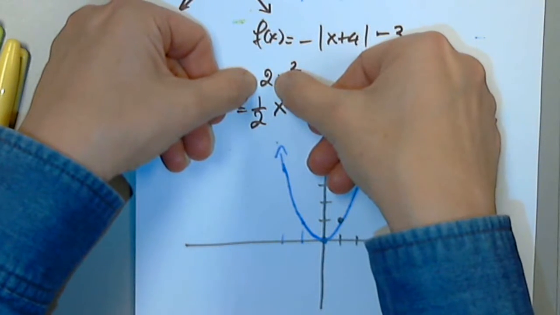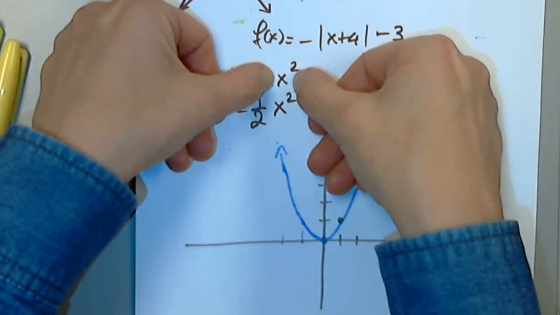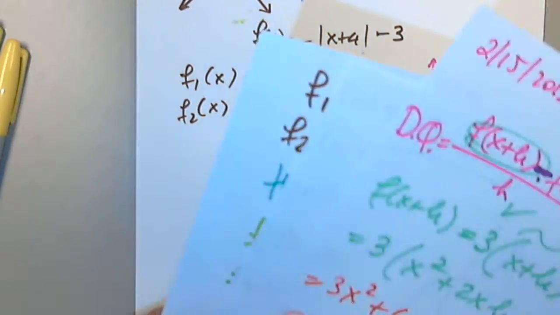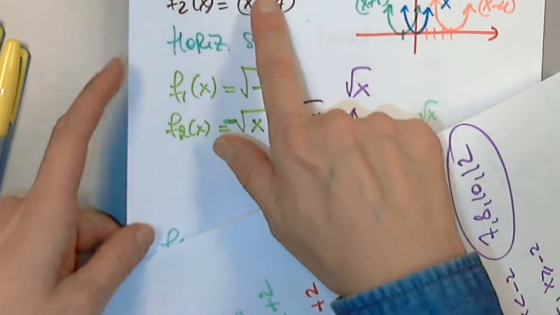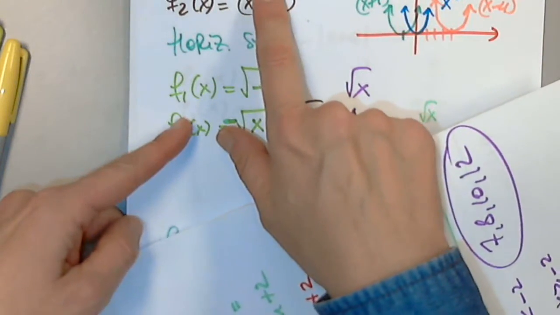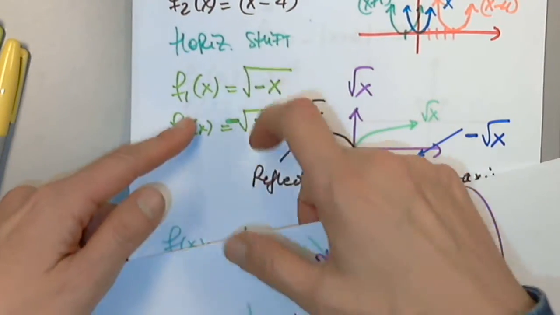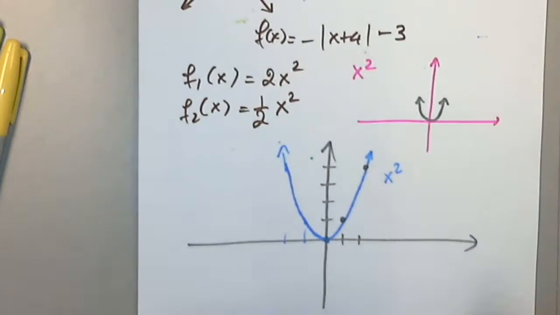So this is outside. It's not inside. Remember when we changed x on this graph, we changed it to x plus 1. When we changed x, we changed it to x minus 4. So I'm changing y.